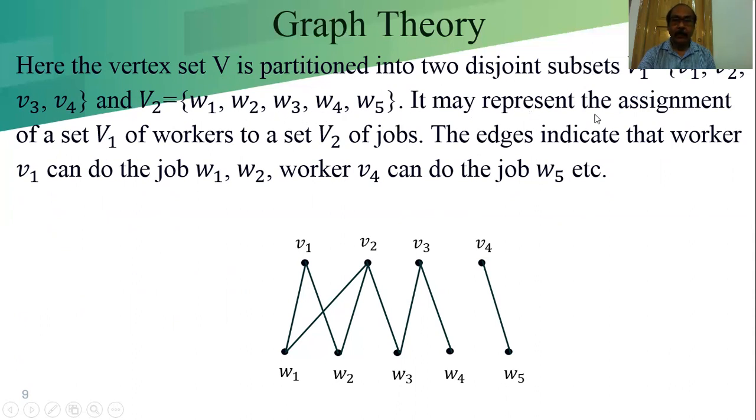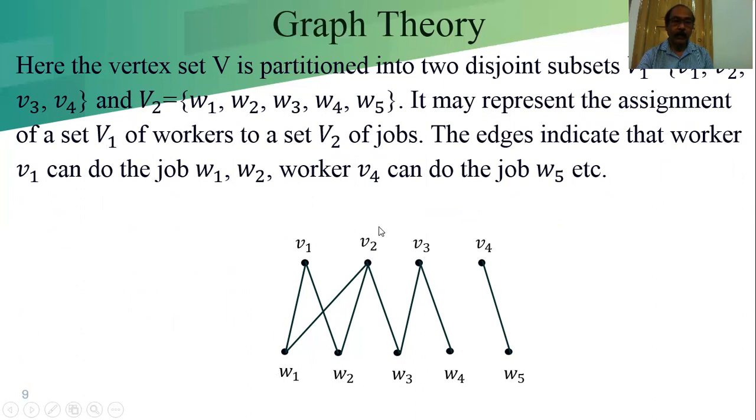It may represent the assignment of a set V1 of workers to a set V2 of jobs. So we can say that V1 is the set of workers and here the set V2 is the set of jobs that they can perform. Suppose worker V1 performs the jobs W1 and W2.